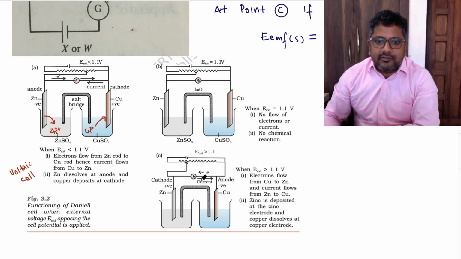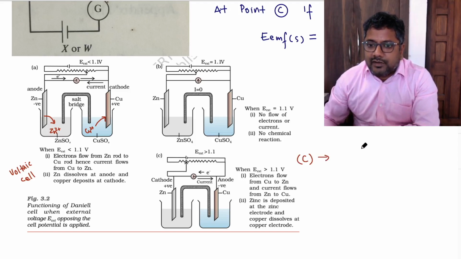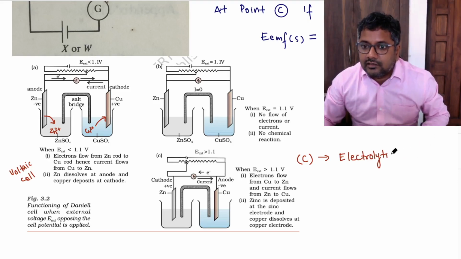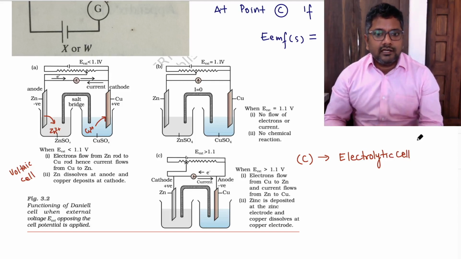Now come to the C part. E external is more than 1.1 volt. This is a very, very important point. Now see, this cell becomes an electrolytic cell. Someone may ask, can we convert a voltaic cell into an electrolytic cell?